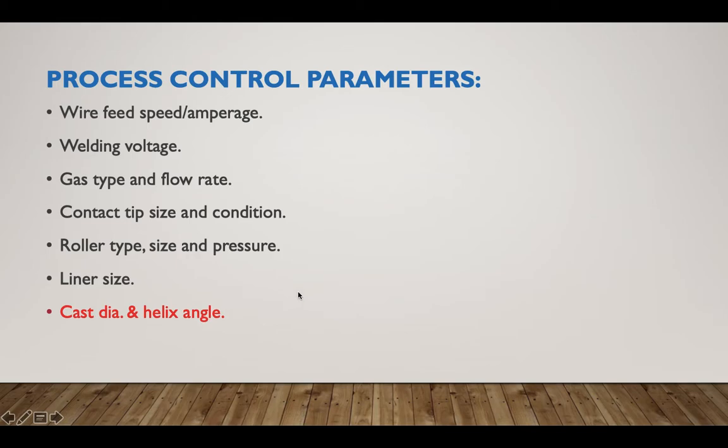When we cut a certain length of the wire from the wire spool, it will make a diameter. We have to measure that diameter, that is called cast diameter, and when it is left on the ground, it will make an angle, so that is called helix angle. In ASME codes, certain values are given so that we can check this cast diameter and helix angle. Then travel speed, direction and electrode angle.